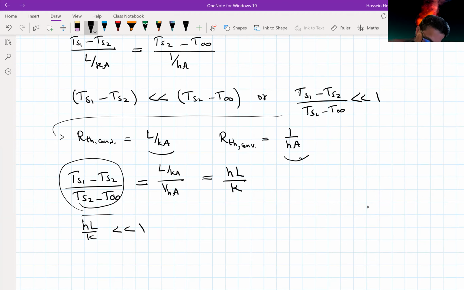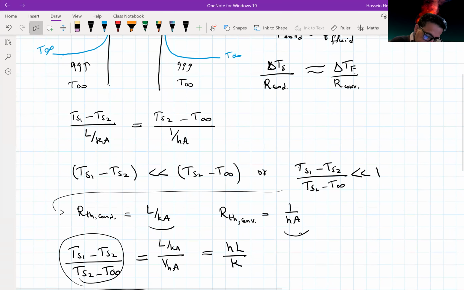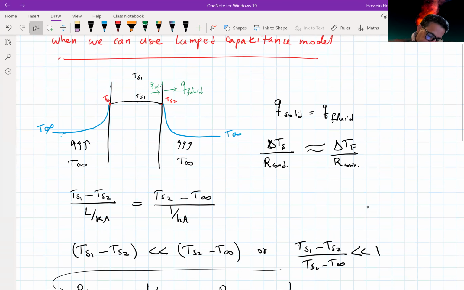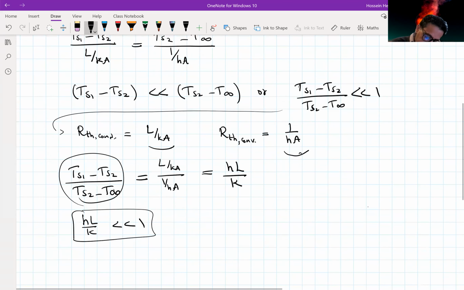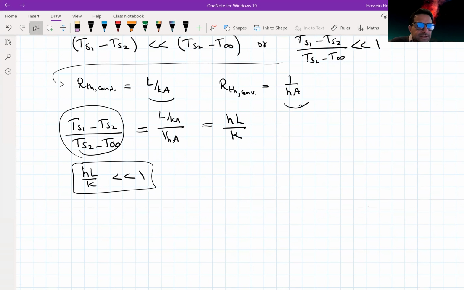And if we can honor that ratio being much smaller than 1, then we can say the temperature difference inside the solid is really negligible with respect to what we have outside the solid. And this ratio is what we call the Biot number.